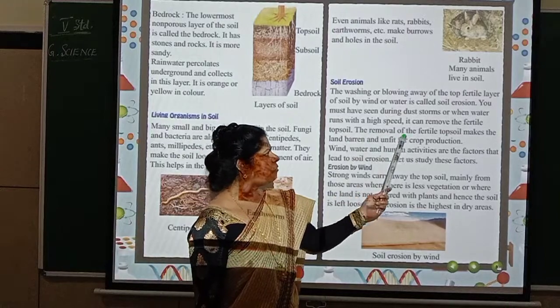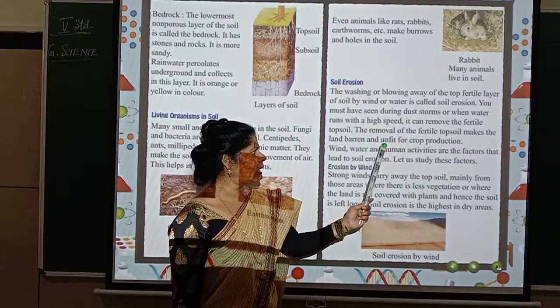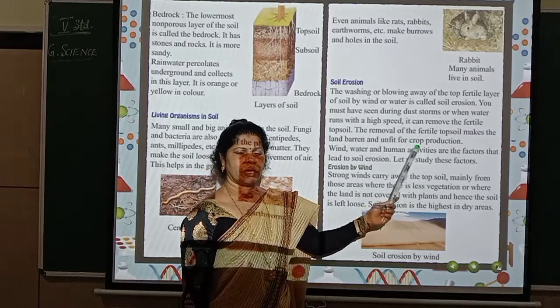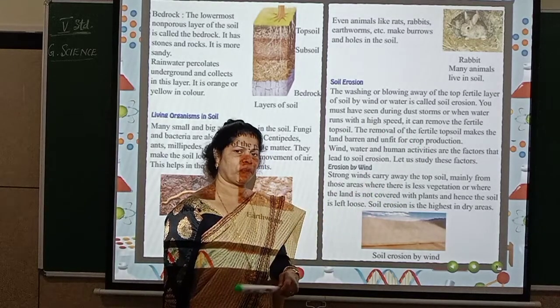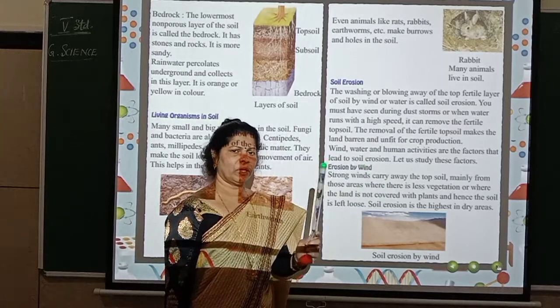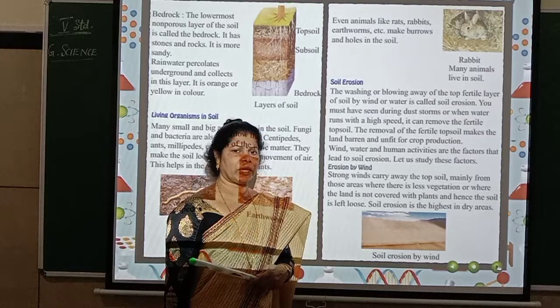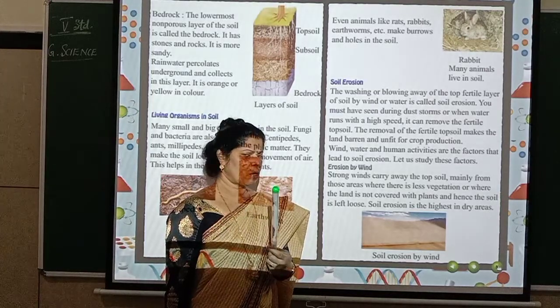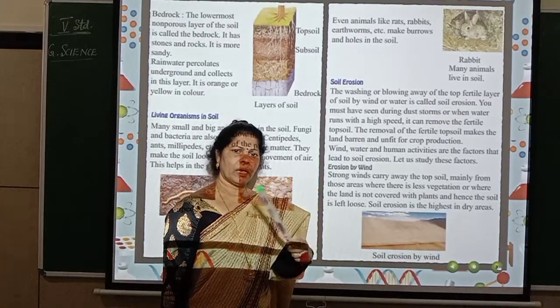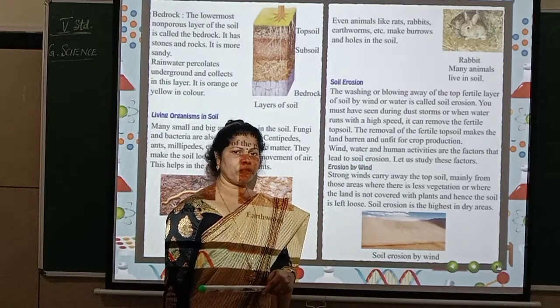The removal of the fertile topsoil makes the land barren and unfit for crop production. So topsoil is a must for the growth of plants. Now the topsoil itself is washed away, removed with the help of wind and water. How does it get fertility? The soil will not be fertile. Why? Topsoil has gone, next will be subsoil. Subsoil is not that good for the growth of plants.